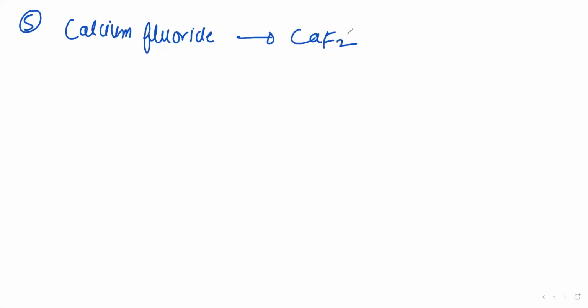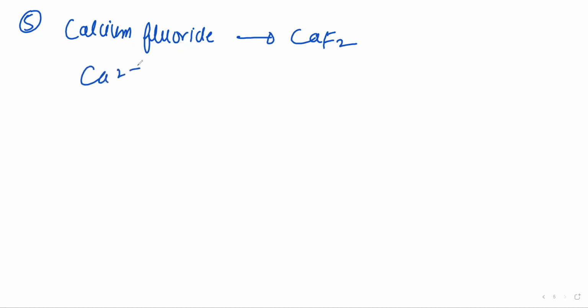Next is question number 5. The next compound is calcium fluoride. It is nothing but CaF2 in the chemical formula, having the fluorite structure. Find the coordination number of the calcium ion.